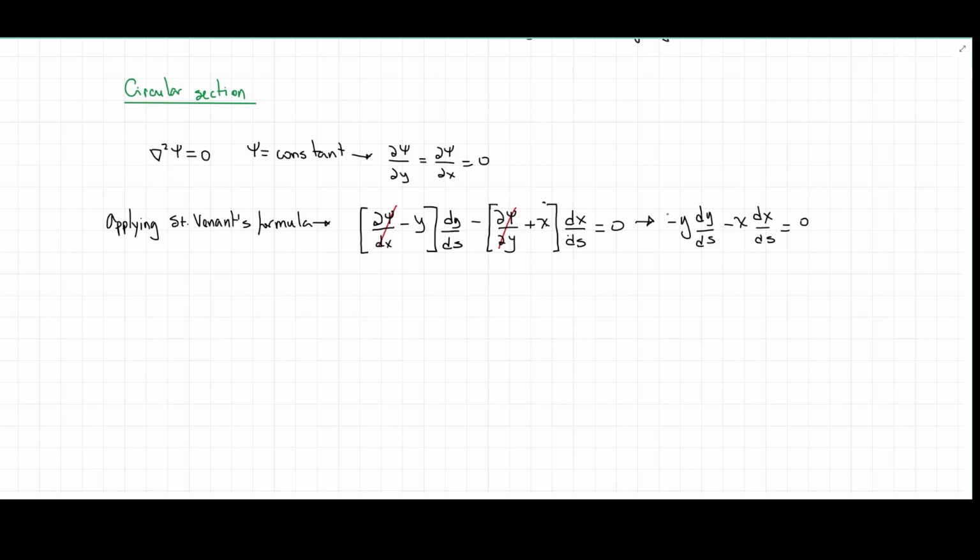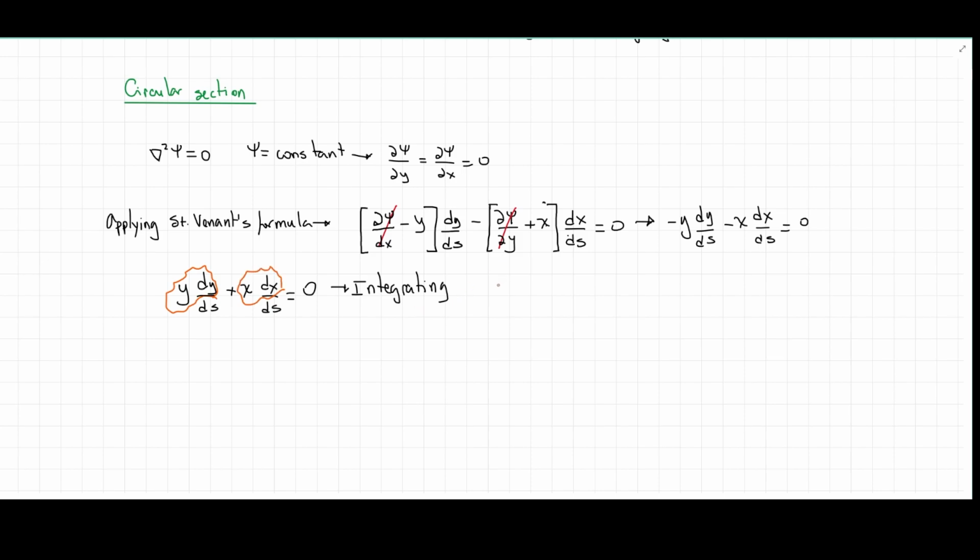Now I can put these signs to the other side, and this can be written a little bit better, like y dy/ds plus x dx/ds equals 0. If I integrate them, I can integrate, for example, this part first and see what results.